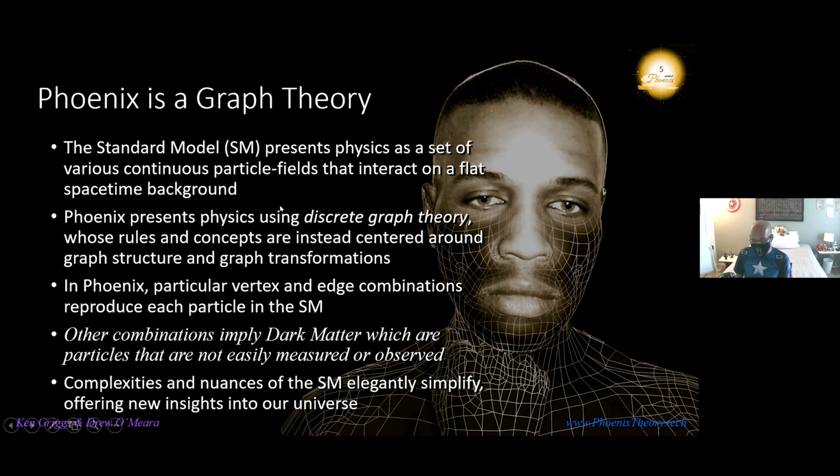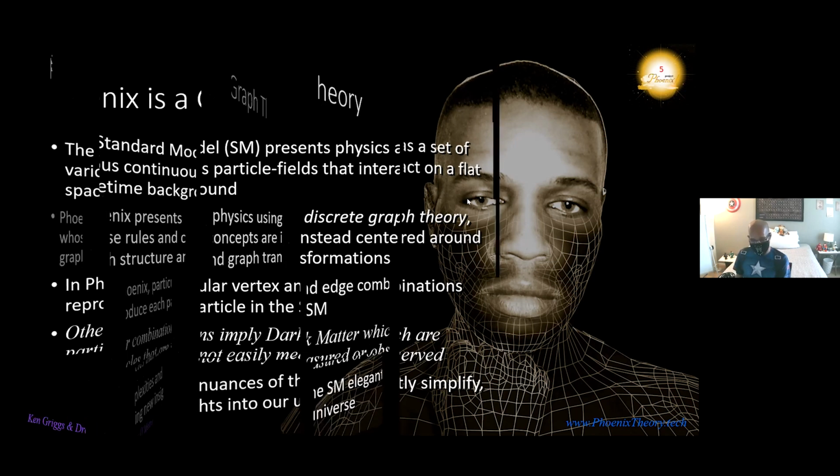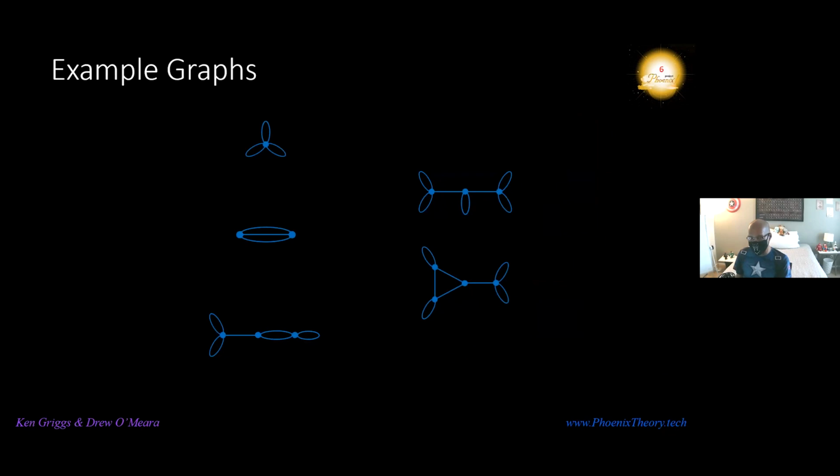The complexities of how particles actually interact and how particles are assembled and how particles degenerate is very simply explained in this framework. There we go. So these are some examples of actual legitimate graphs. These graphs actually constitute what we want to call particles. But again, we'll get into that.